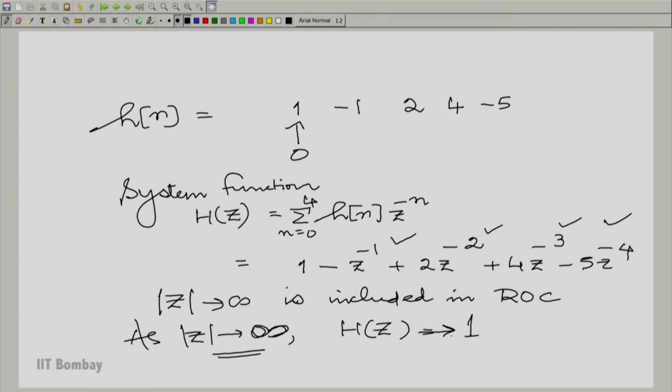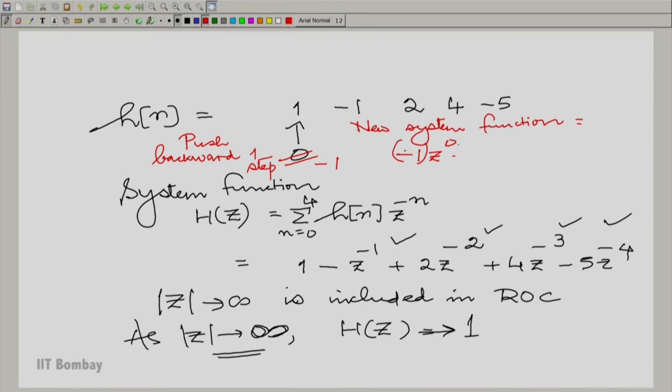Now, let us push it backwards by one step. In fact, I will show the working right here. All that you need to do is simply replace this 0 by minus 1, and now we can write down the new system function. So, you will have to put z to the power minus of minus 1, that is z to the power 1 into 1 plus minus 1 into z to the power 0, and so on.